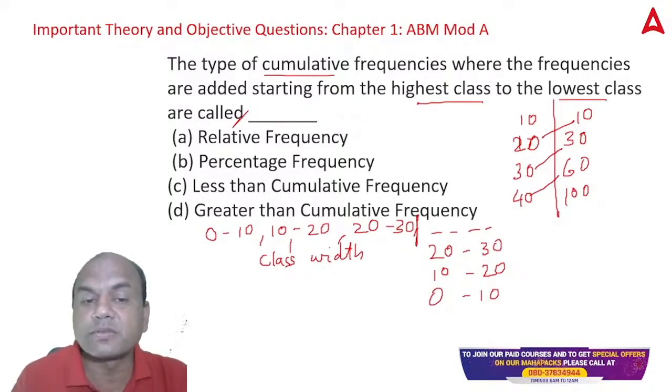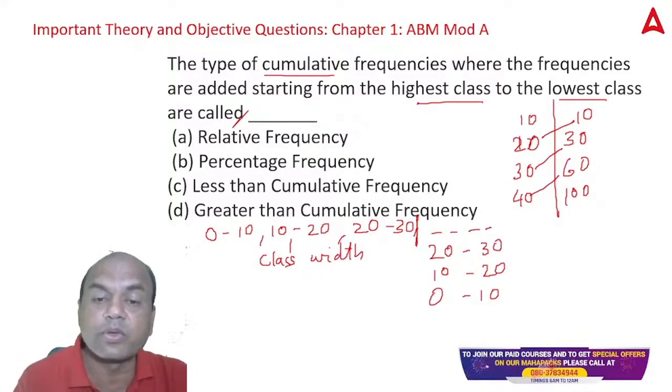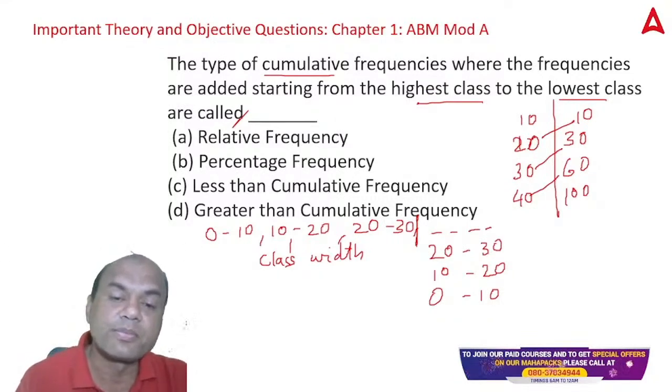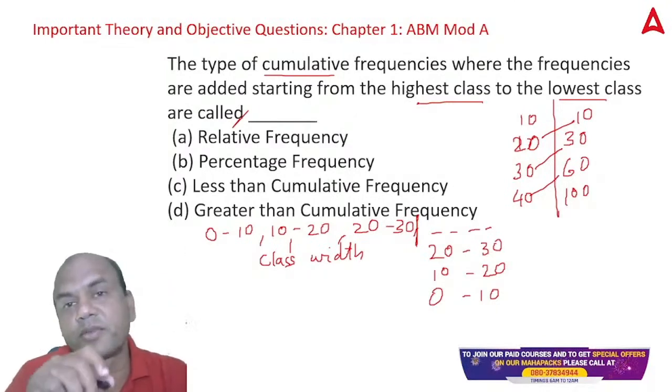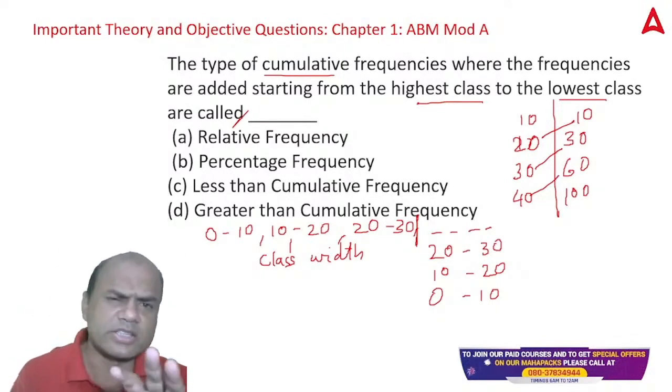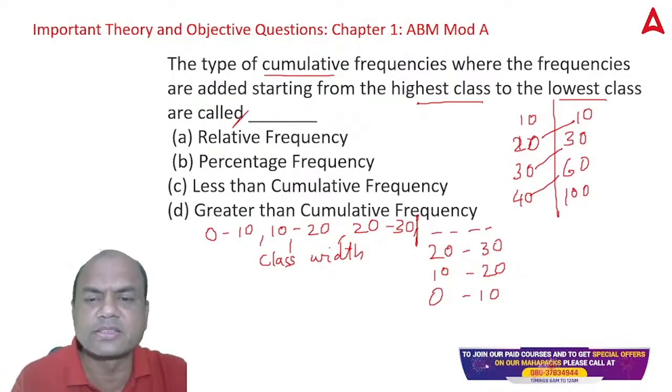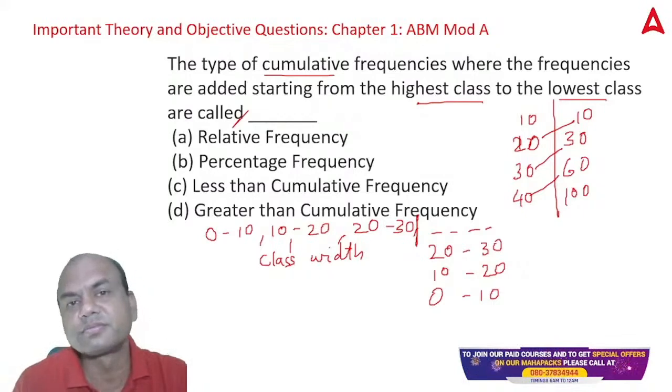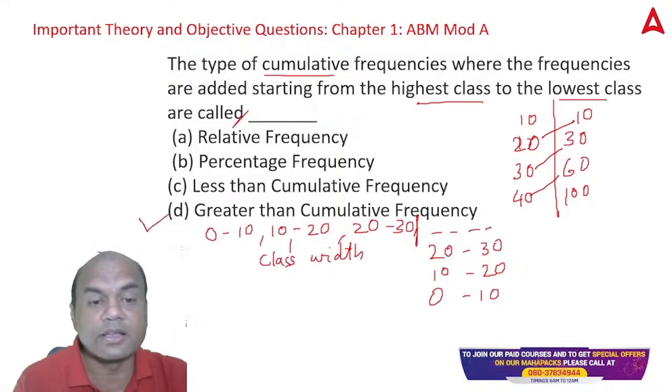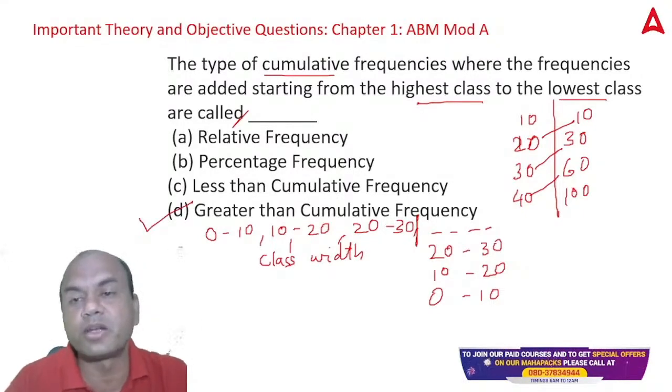Relative frequency, percentage frequency, less than or greater than cumulative frequency. What is the answer? Everyone type in the comment section. Logically, the answer is between C and D only, less than and greater than. So it is greater than cumulative frequency.